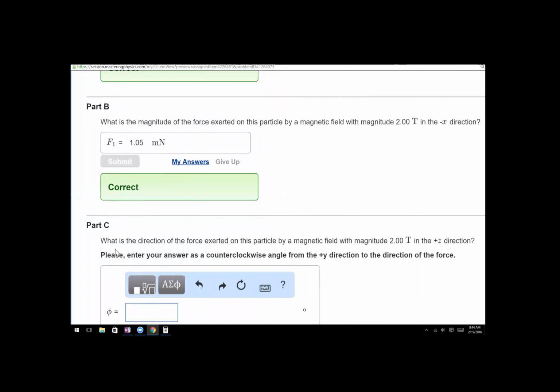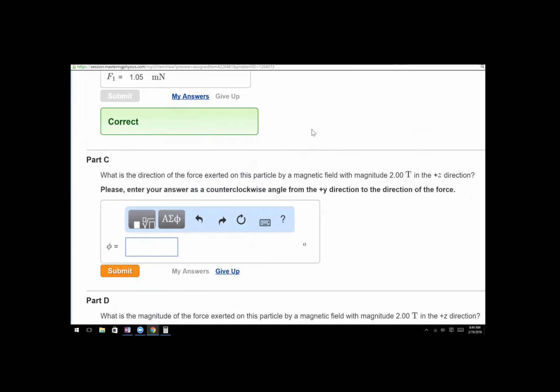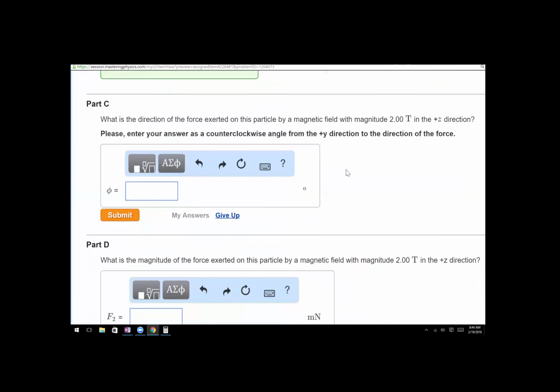What's the direction of the force? Okay, so now we're turning the magnetic field around. We're doing same thing, except now the magnetic field is coming out of the board. So let me pull up my picture again.